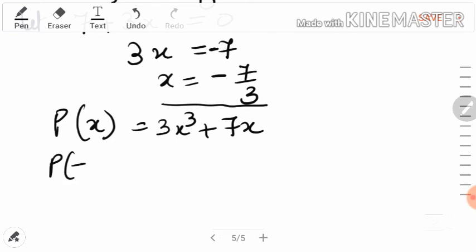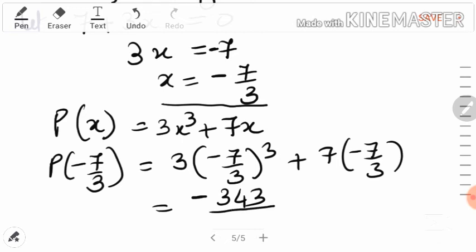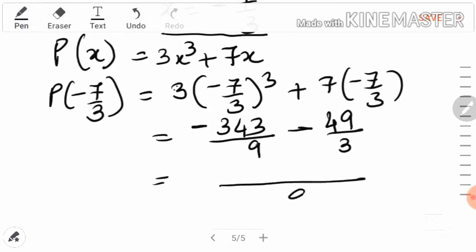So p of minus 7 on 3 is equal to 3 times minus 7 on 3 cube plus 7 times minus 7 on 3. On calculating, this will be minus 343 divided by 9 minus 49 on 3. Taking the LCM, minus 343 minus 147.